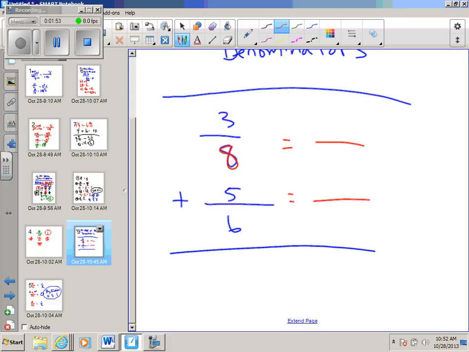No. So you go to the next multiple of 8. What is the next multiple of 8? It goes 8, 16. Does 16 work for 6? Is 16 a multiple of 6? 6, 12, 18? No. Next multiple from 16 for 8: 24. Does 24 work for 6? Yes, it does. So I'm going to convert these both to 24ths.